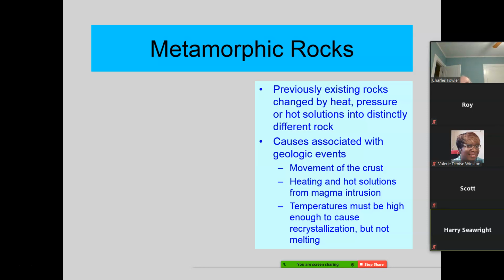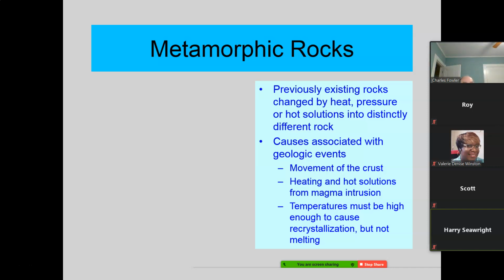Now the temperatures must be high enough to cause recrystallization, but not melting. So here you have a fine line that you're having to stay between. If it's hot enough that it causes the crystal structure to change, usually under a lot of pressure too, that has changed the rock, a metamorphic rock. But if you get too hot, what happens?